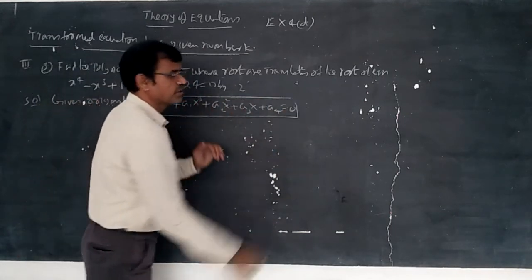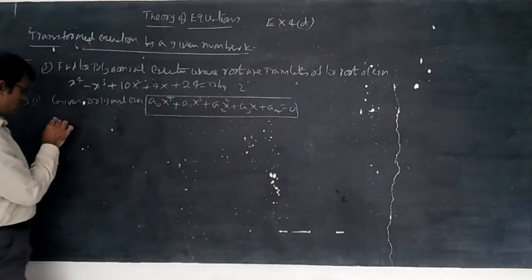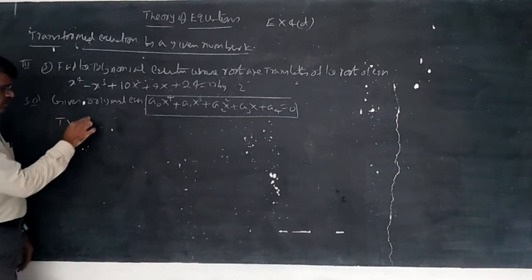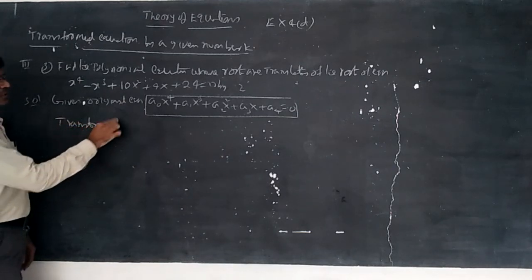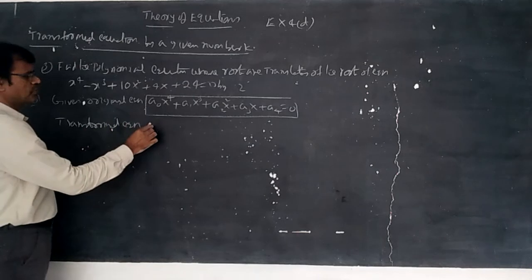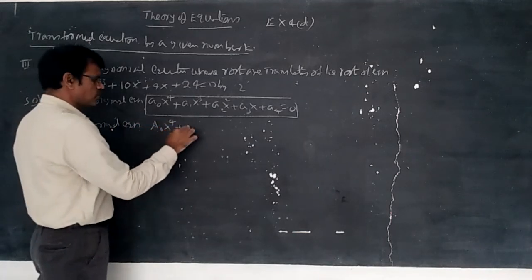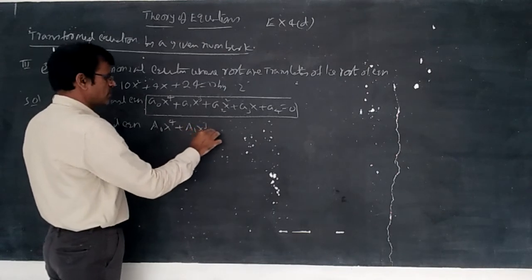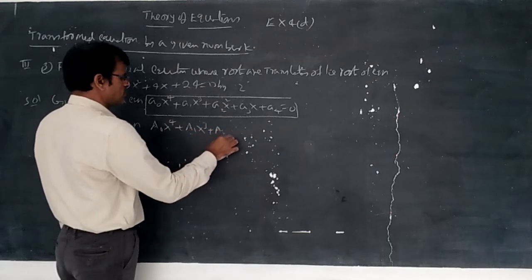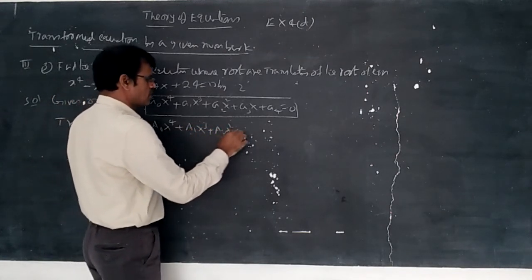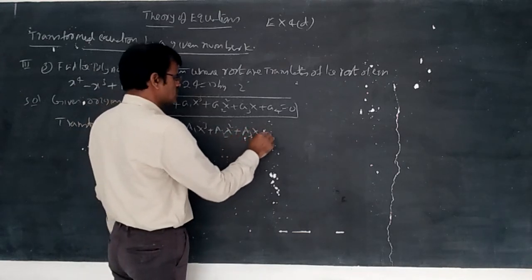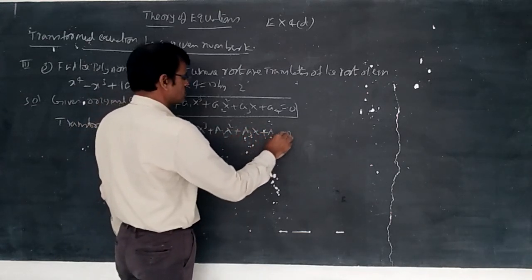This is the concept I am writing. So the transformed equation should be in the form of capital A naught x power 4 plus A1 x cube plus A2 x square plus A3 x plus A4 equal to 0.